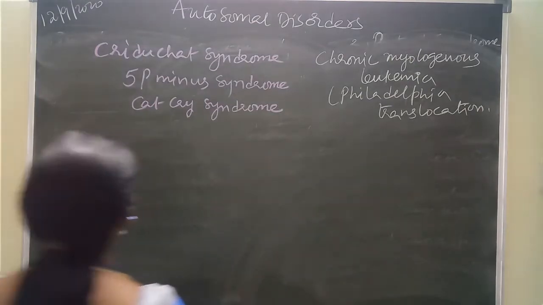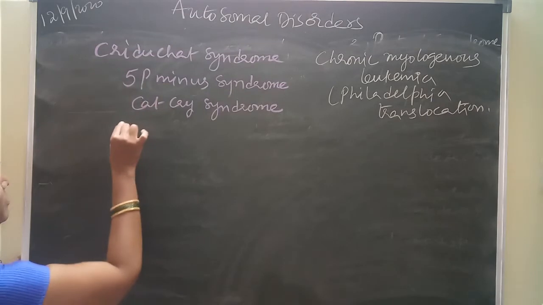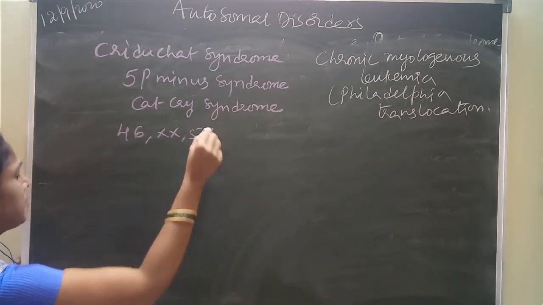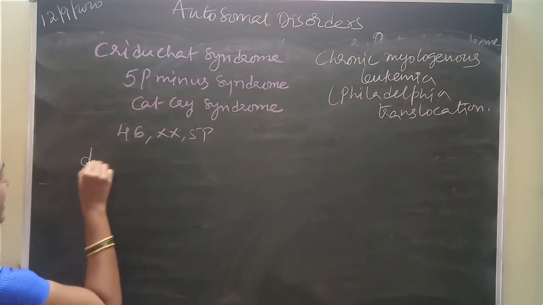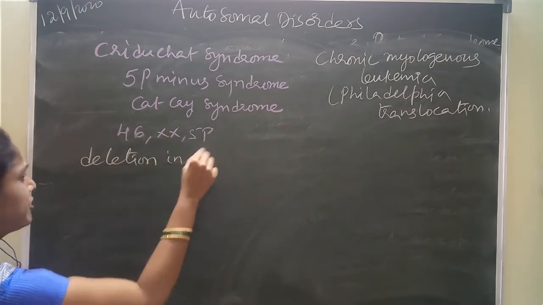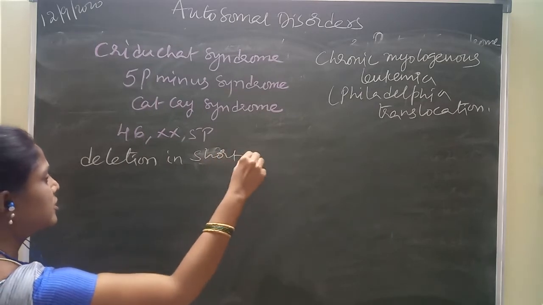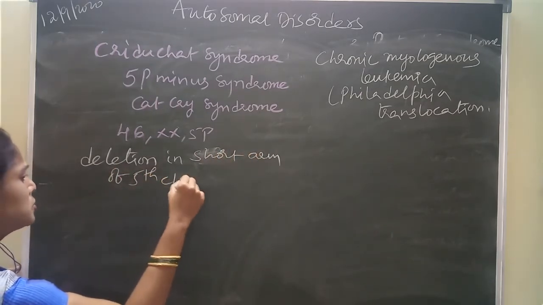Okay, now let us go for Cri-du-Chat syndrome. The karyotype of this syndrome is 46XX5P. That means there is a deletion in the short arm of the 5th chromosome.